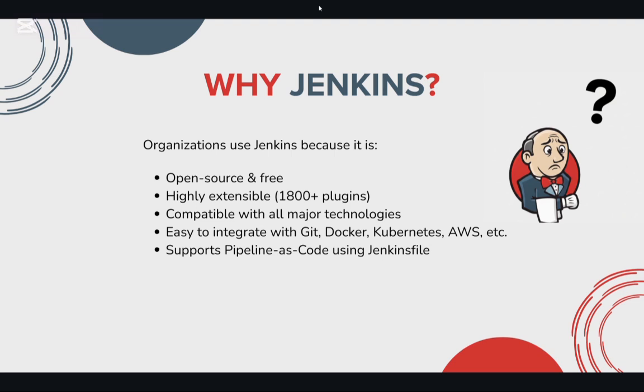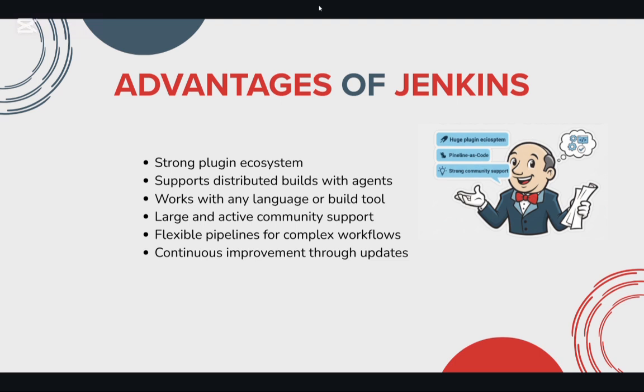It integrates smoothly with tools like Git, Docker, Kubernetes, AWS, and many others. Another major advantage is pipeline as code, where developers define the CI/CD pipeline using a Jenkinsfile, ensuring version controlled and reproducible workflows.